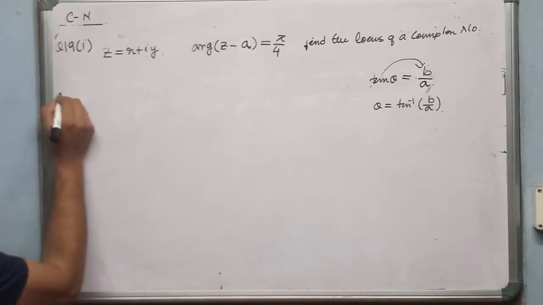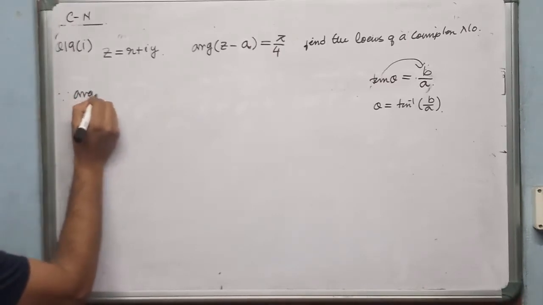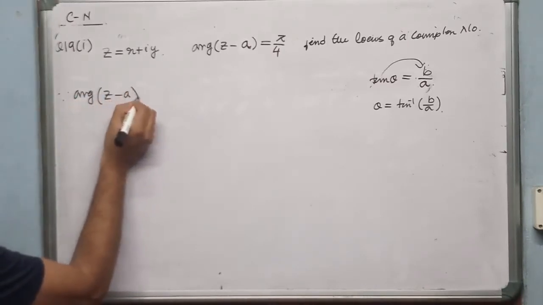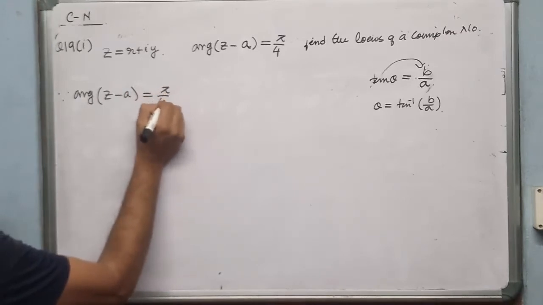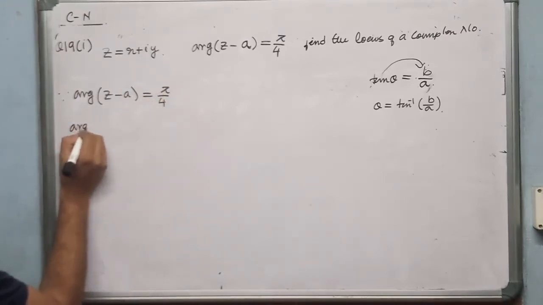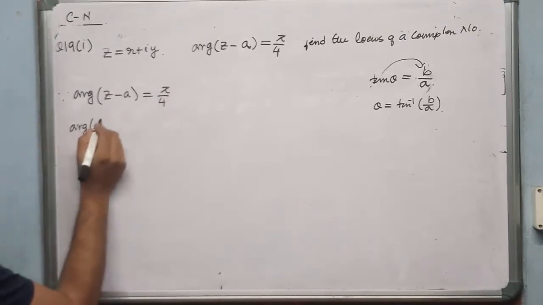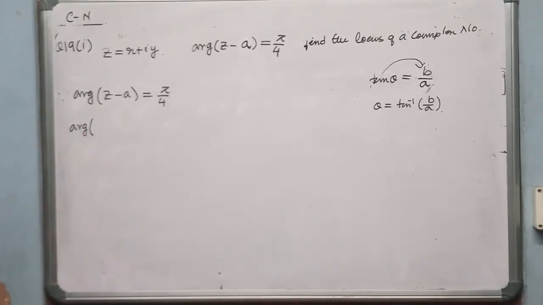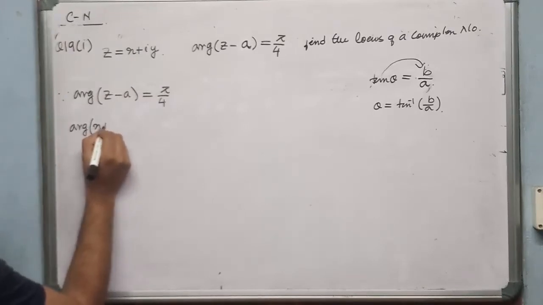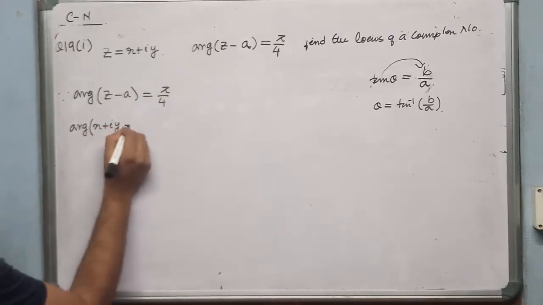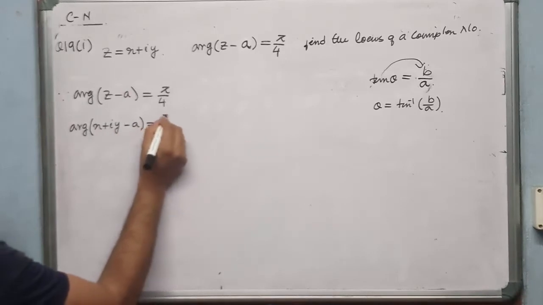Now since the argument of z minus a is equal to pi by 4, substitute the value of z. Z is equal to x plus iy, so x plus iy minus a equals pi by 4.